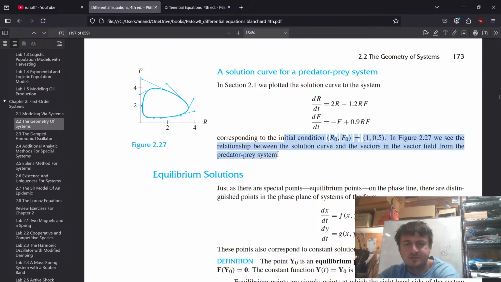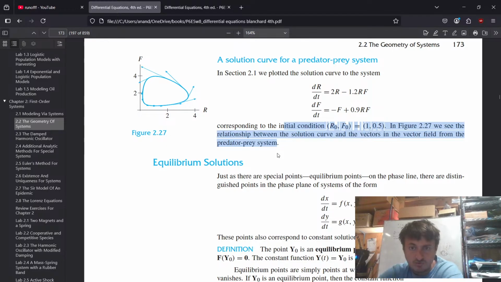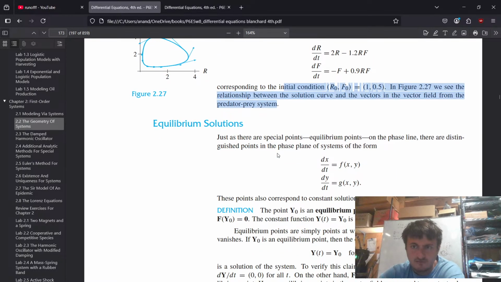In figure 2.27, we see the relationship between the solution curve and the vectors in the vector field.